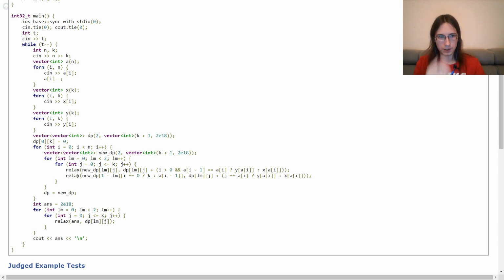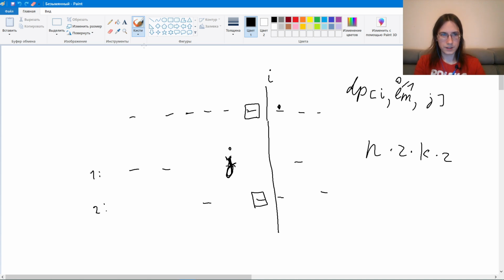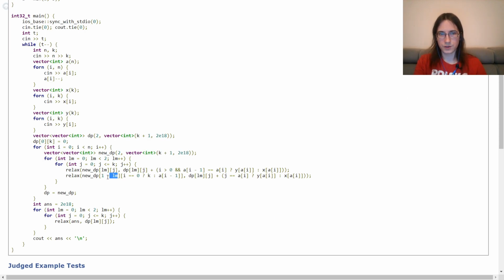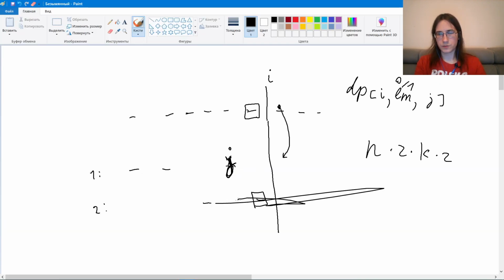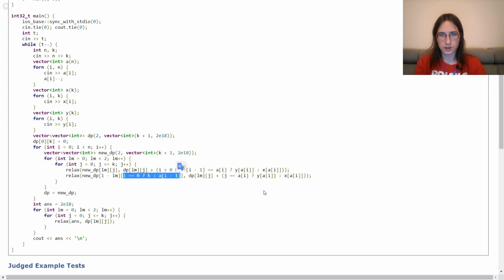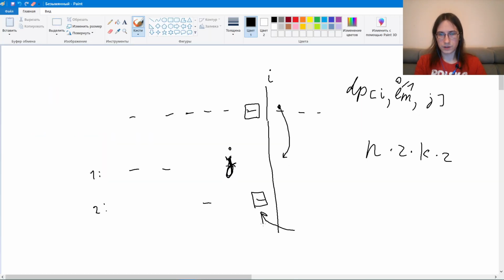Then the second move that we can make is to add it to the opposite sequence. So add it here. In this case, I will transit into the state where the last move is the opposite of the previous last move. And the last value added to this sequence, now this is the opposite sequence, is either the value on position i minus 1, if it exists.